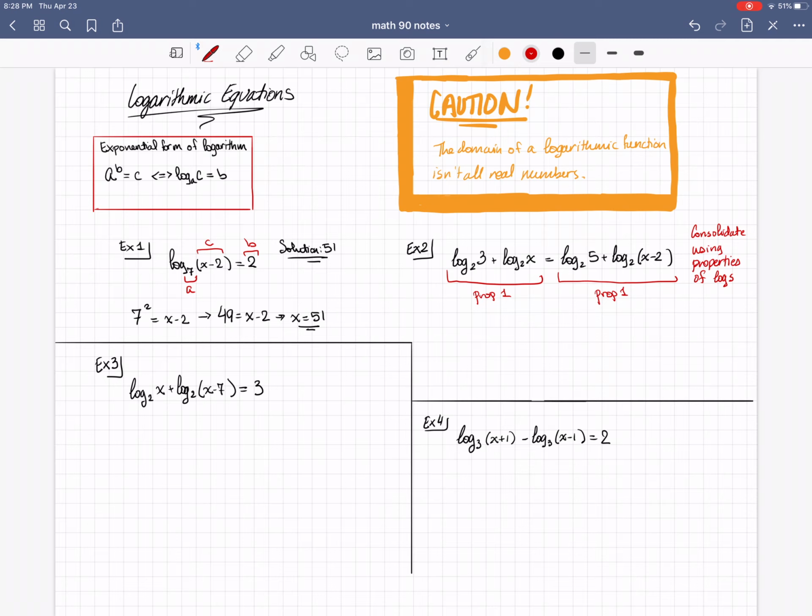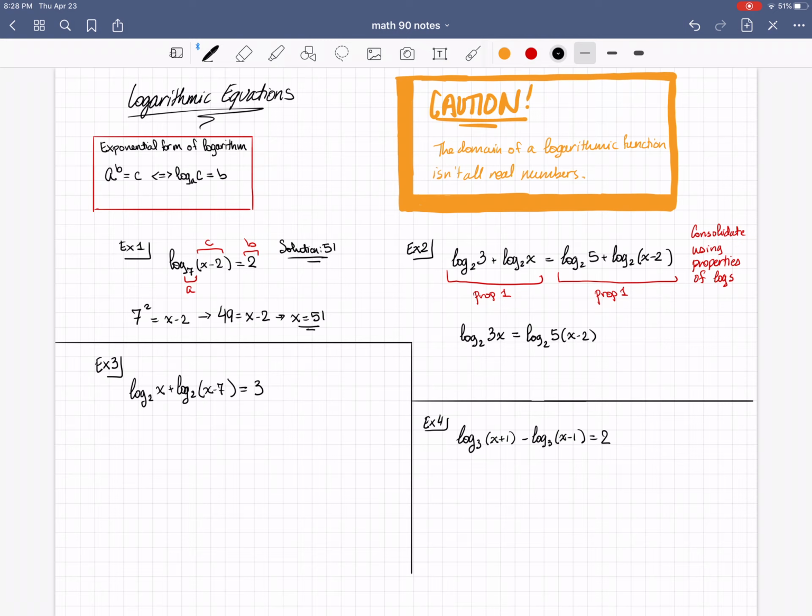This is the property that tells us that if we have 2 different logarithms of the same base being added together, it consolidates into one log of the product. So on the left, we have log base 2 of 3 times x. On the right, we have log base 2 of 5 times x minus 2. And remember, log is 1 to 1.